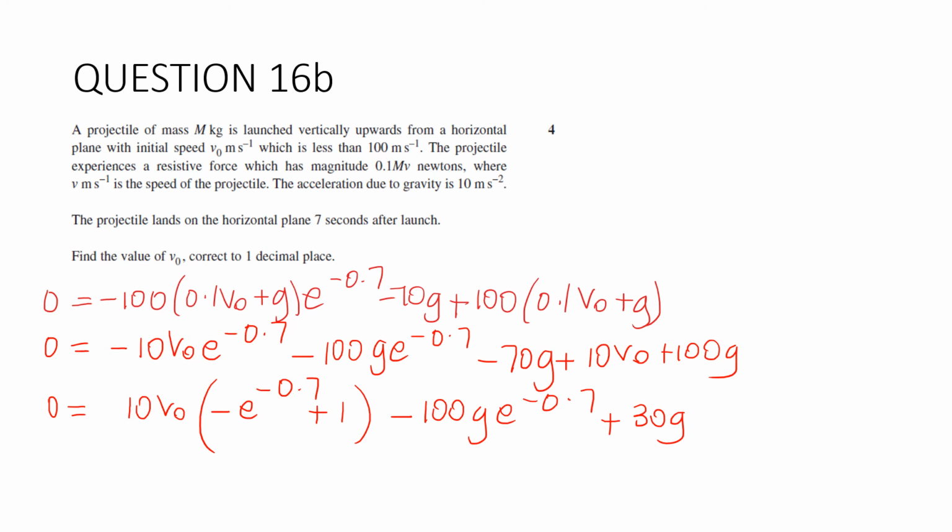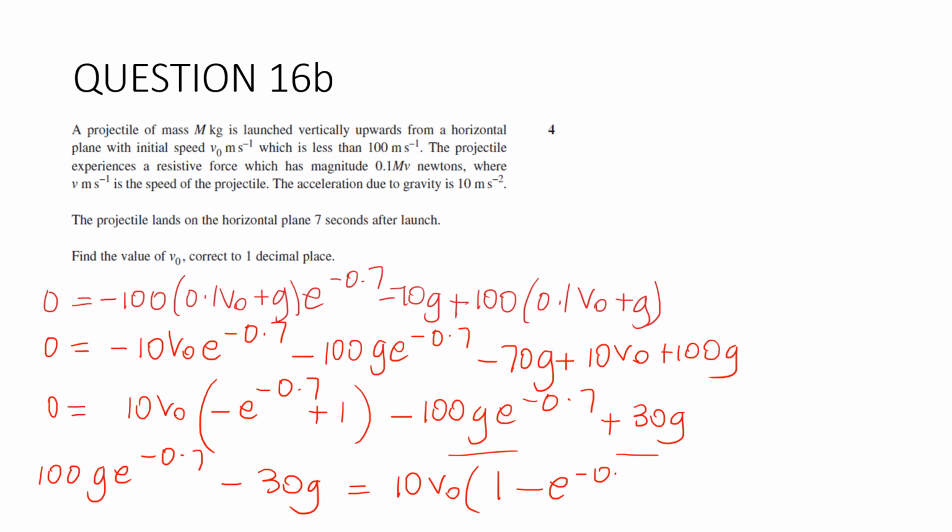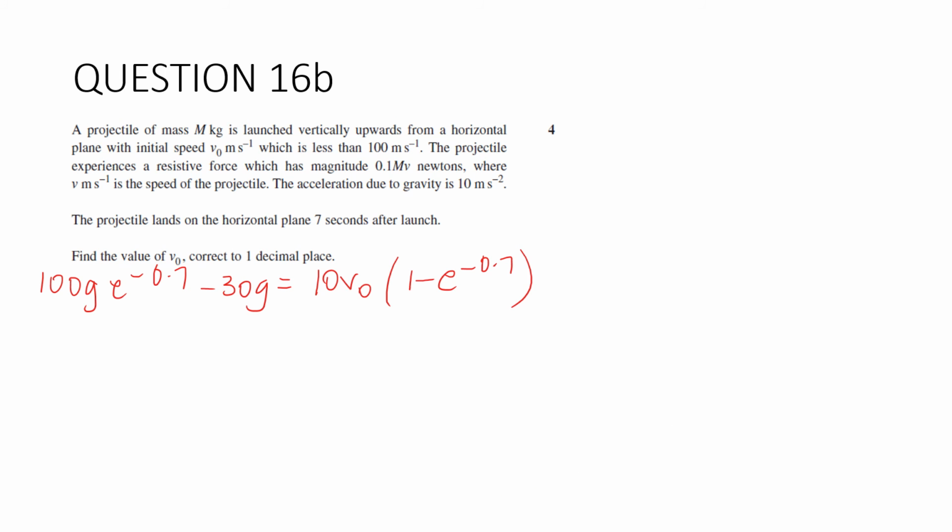Okay, and taking these two terms over the other side, I'm going to end up with 100g e to the negative 0.7 minus 30g is equal to 10 v naught (1 minus e to the negative 0.7). And now finally making v naught the subject, v naught will be equal to 100 g e to the negative 0.7 minus 30g all over 10 brackets 1 minus e to the negative 0.7.